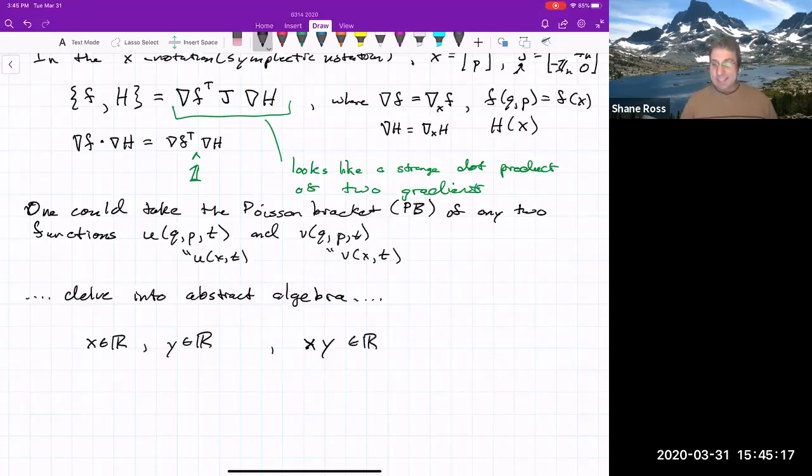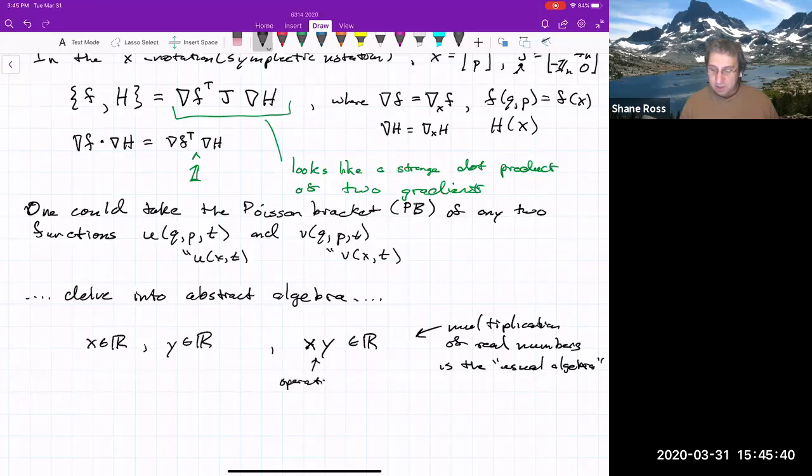So the multiplication of real numbers is, if you want, the usual algebra. And this thing that's implied here, the operation, is multiplication.